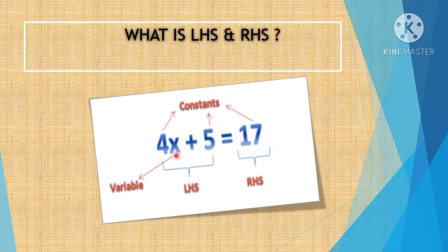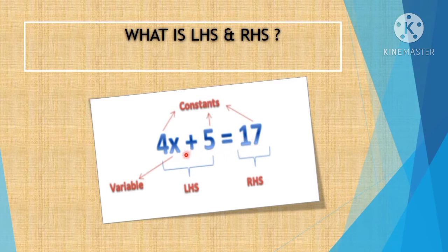You have a variable term and a constant term. So what is the coefficient of x here? 4. So here what are the terms present in this equation? You have 4x one term, then second 5 and third term 17. So here after the equal to you have a constant term and before the equal to you have 4x plus 5. So after the equal to symbol, what are the expressions given?